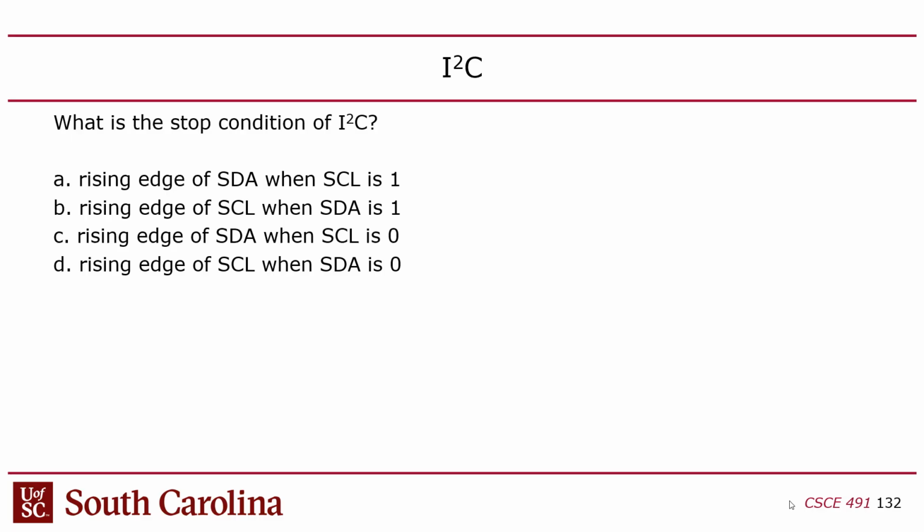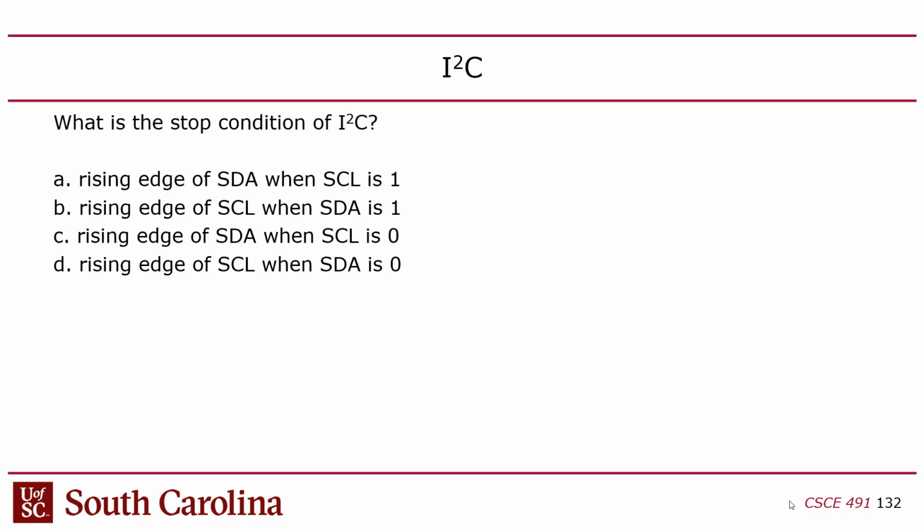A rising edge of data when clock is 0, that's fine. You're allowed to change data when clock is 0. A rising edge of clock when data is 0, that's okay too. It's the first one: a rising edge of the data when the clock is 1. That's the stop condition. It can also be falling SDA.